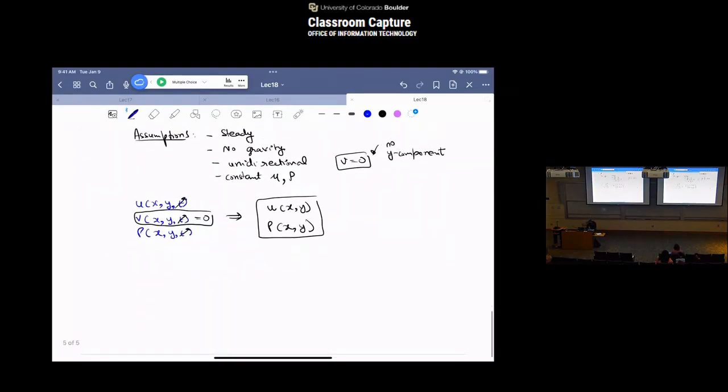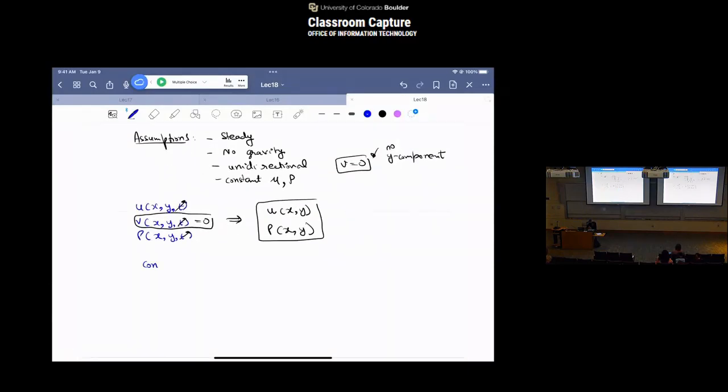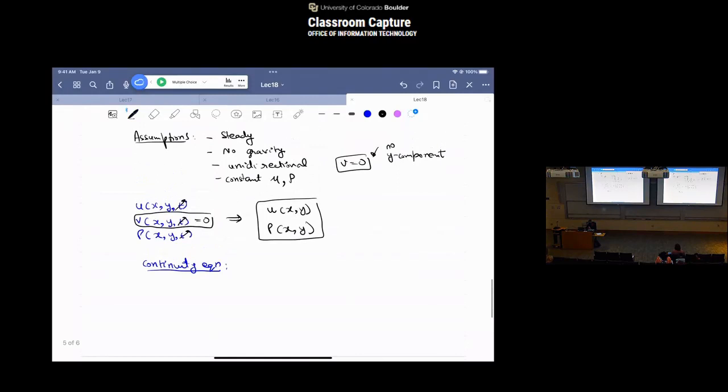Continuity equation first. So very similar process as you are seeing again and again. Del u by del x plus del small v by del y is equal to 0. This is exactly 0 because small v is 0.